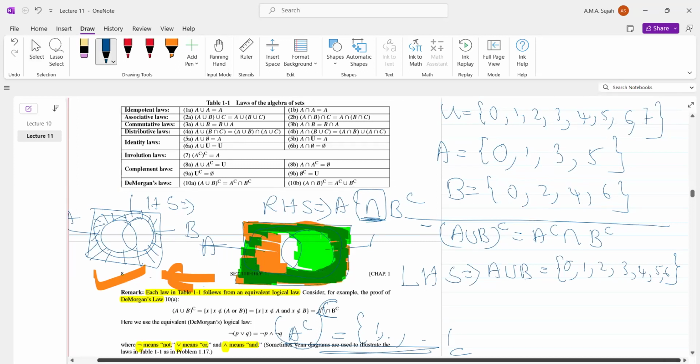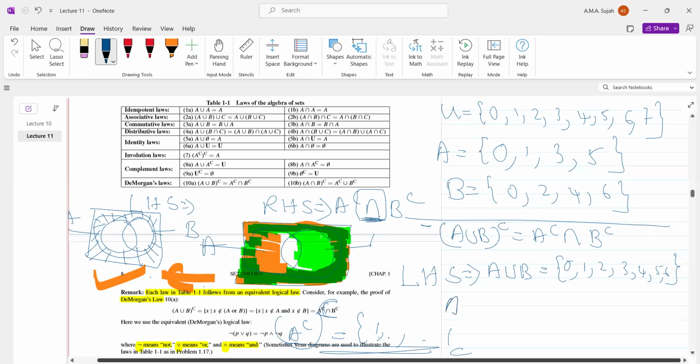A union B means you need to write all the elements belonging to A and B. If any element is duplicated, you can remove it, right? Zero is contained in both A and B, so I remove the duplicate 0. So 0, 1, 2, 3, 4, 5, 6 are the elements of A union B.